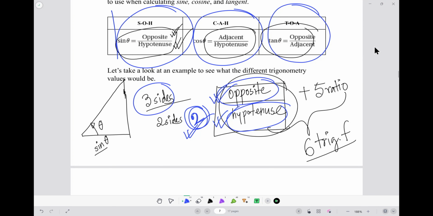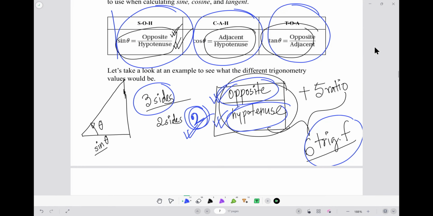So why do the six different trigonometric functions come about? Why are there six different ratios? Here is the explanation: we can take the opposite side divided by the hypotenuse side. We can also take the hypotenuse side divided by the opposite side. Do you understand? Yes.